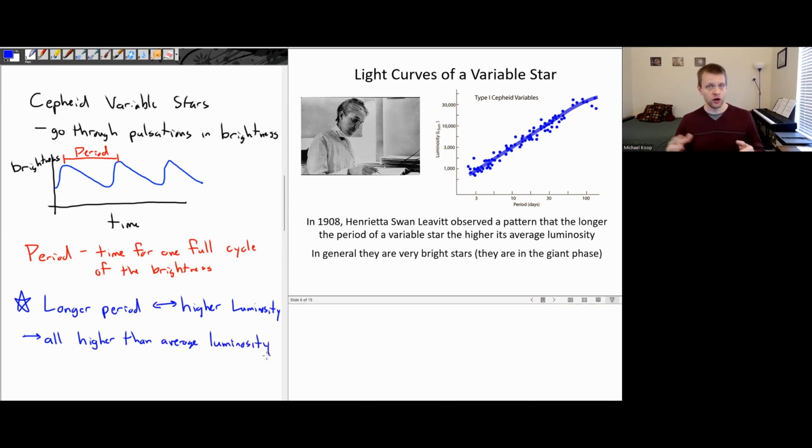But again, the longer the period, the even higher their luminosity, which makes them very, very useful because we can observe them at greater distances. If they are more luminous, it's going to be easier to detect these stars even at greater distances.